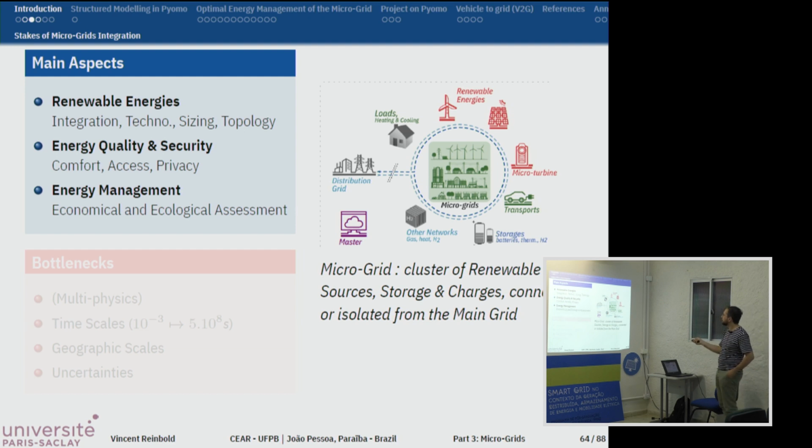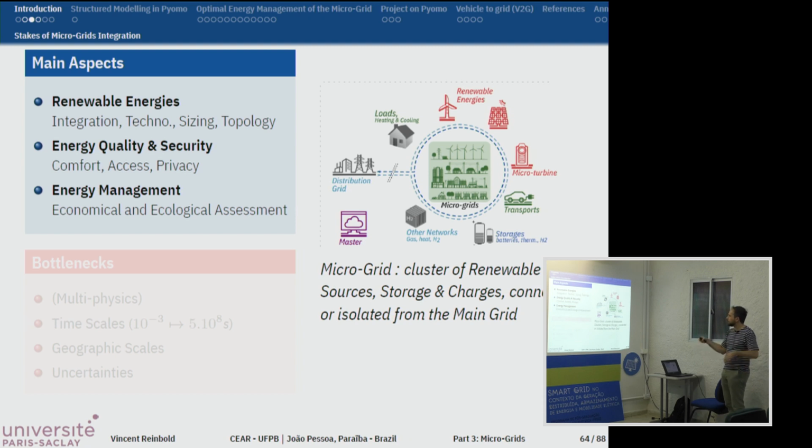And the organization of the microgrid like that makes it an energy management unit. Okay, so we can manage the energy through the microgrid using a master computer or a sort of intelligence in the microgrid.